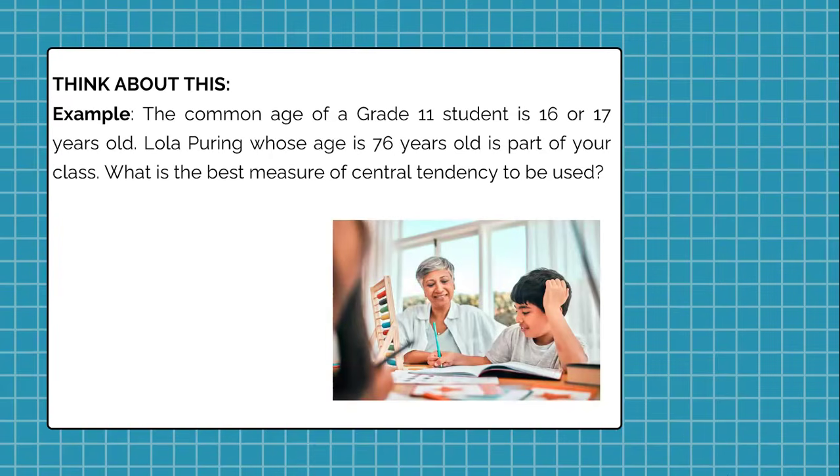Now, let's think critically. A grade 7 class has students aged mostly 16 to 17 years old. But what if one of the students, Lola Poring, is already 76 years old? Which measure of central tendency best describes the class age?